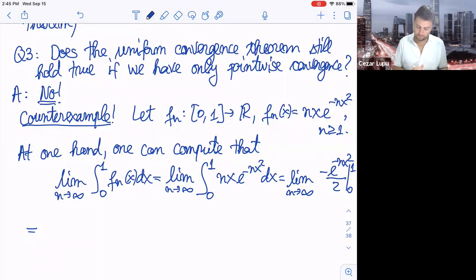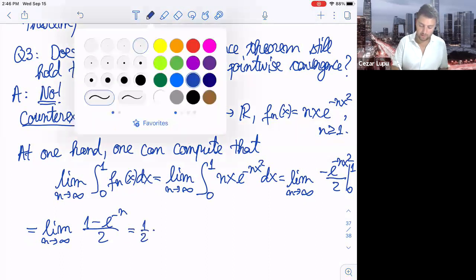So it will be the limit as n approaches infinity of 1 minus e to the negative n over 2, which gives us 1/2. Great. So on one hand, we have this here.